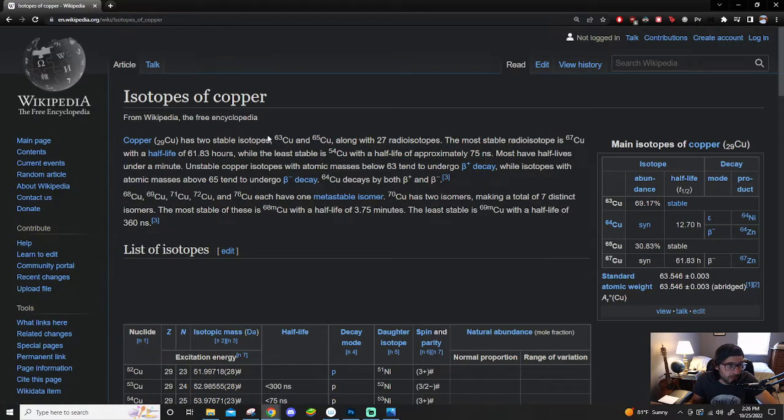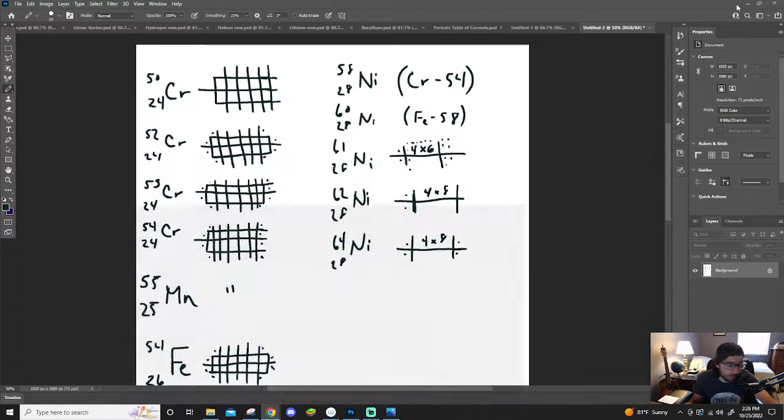Two isotopes, 63 and 65. Copper 29, 63. So it should be this one and this one. So those two repeat. Copper 65, 29.